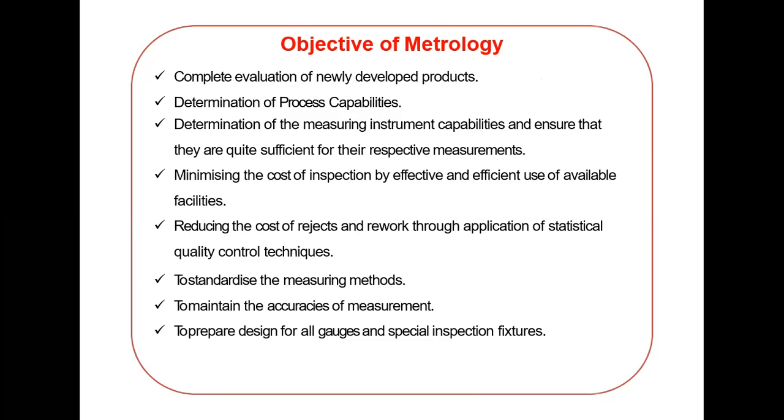Next, minimizing the cost of inspection by effective and efficient use of the available facilities. So by efficiently using the available facilities, we are going to minimize the cost of inspection. The cost of inspection can be reduced by using less precise machines and effective use of the facilities. Next, reducing the cost of rejects and rework through application of statistical quality control techniques.